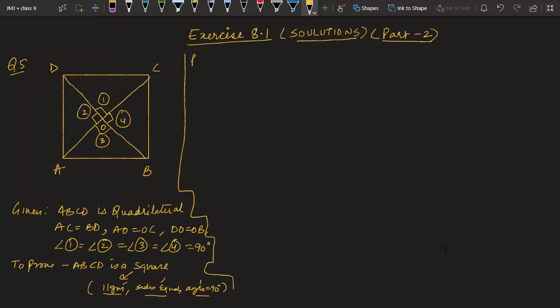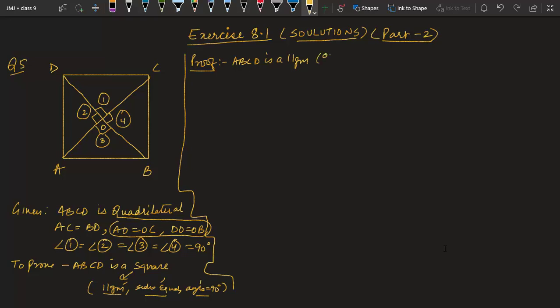So in the proof, first thing we can say is ABCD is a parallelogram. It was very simple to say. Why? Because of this thing. We have studied in a theorem that if diagonals are bisecting each other, then that particular quadrilateral is known as a parallelogram.